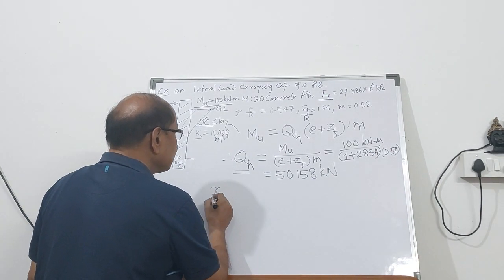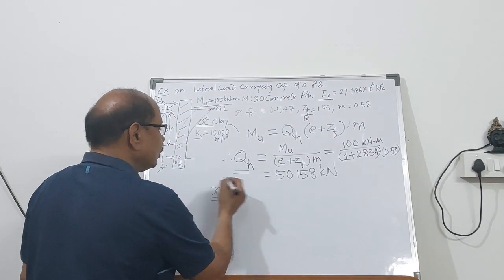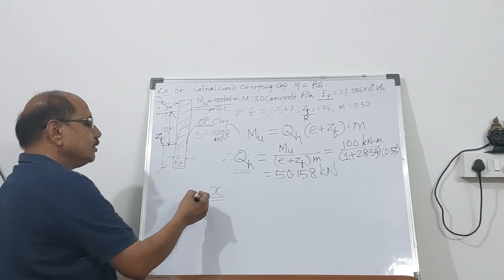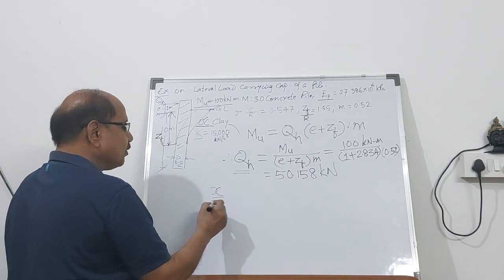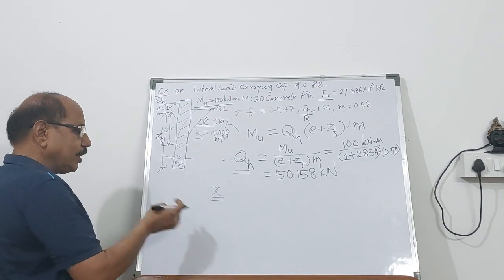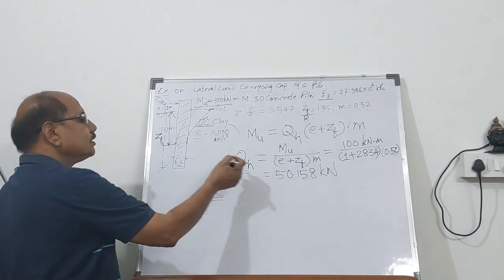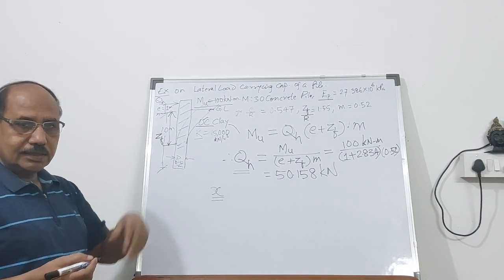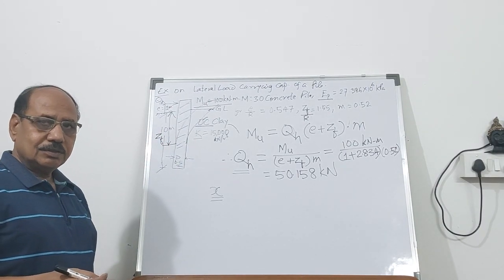Based on the displacement also, you can use the expression and find out the quantity. So this is how you can calculate the various quantities, and you can solve any problem based on this method. So thank you.